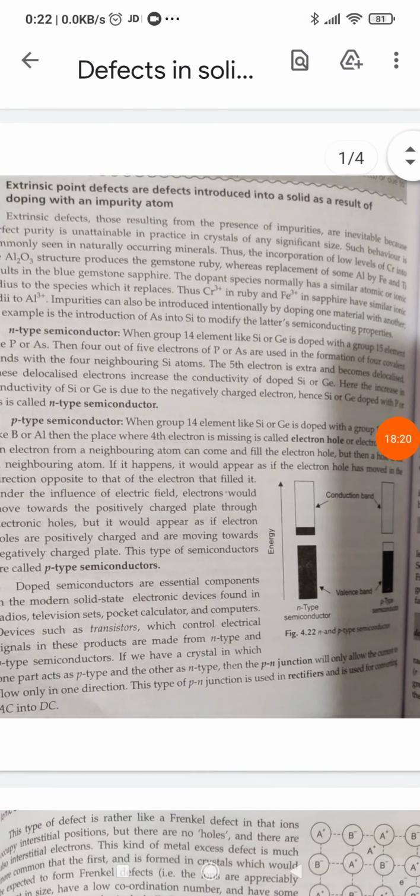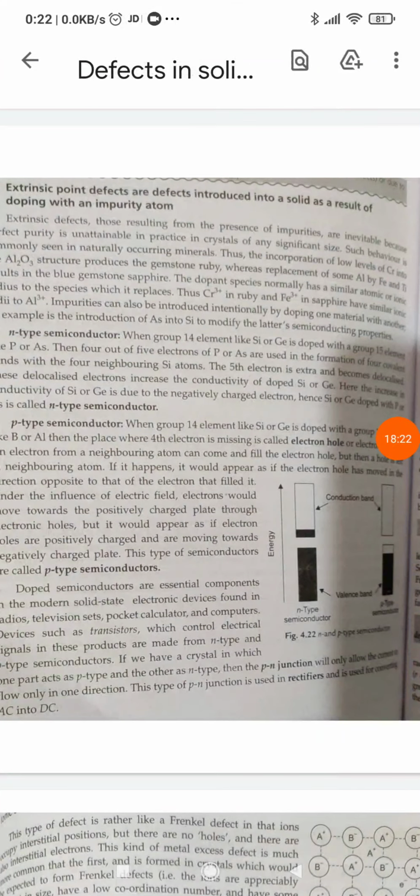An electron from a neighboring atom can come and fill the electron hole, but then a hole is left in the neighboring atom. It would appear as if the electron hole has moved in the direction opposite to that of the electron that filled it.